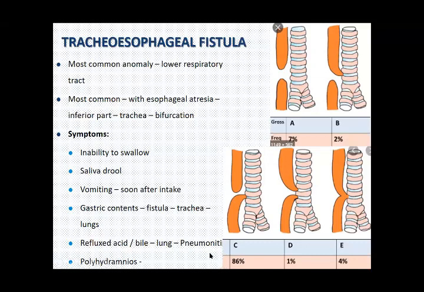Now bile is also coming from the duodenum. So these secretions include bile, gastric secretions, acid, bile, all this goes down into the lung. What is the result? The result is inflammation of the lung tissue. Pneumo is anything to do with the lungs. This is now called pneumonitis.